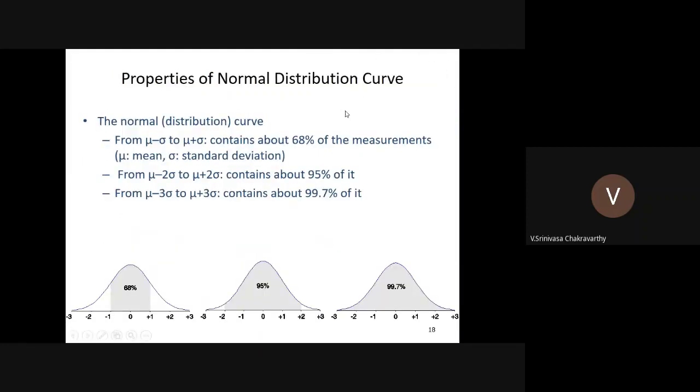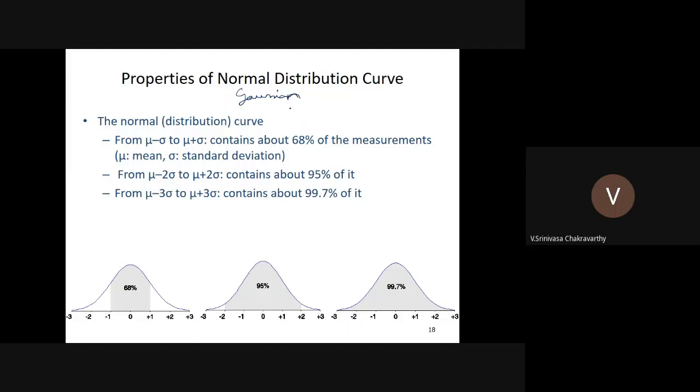Okay, so then let us look at a classic probability distribution function, called the normal distribution curve. This is also called the Gaussian distribution. I'll talk in more detail about this when we come to the probability topic later.